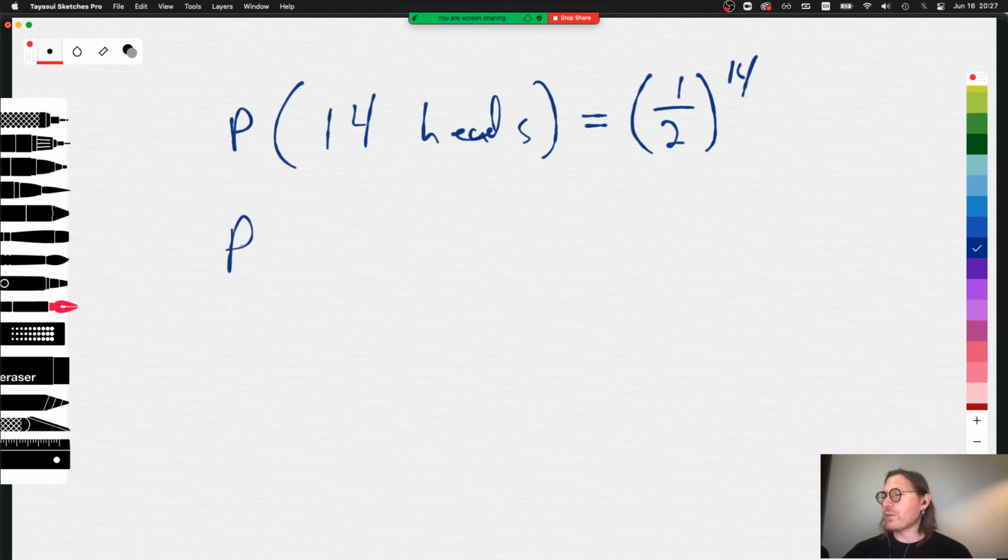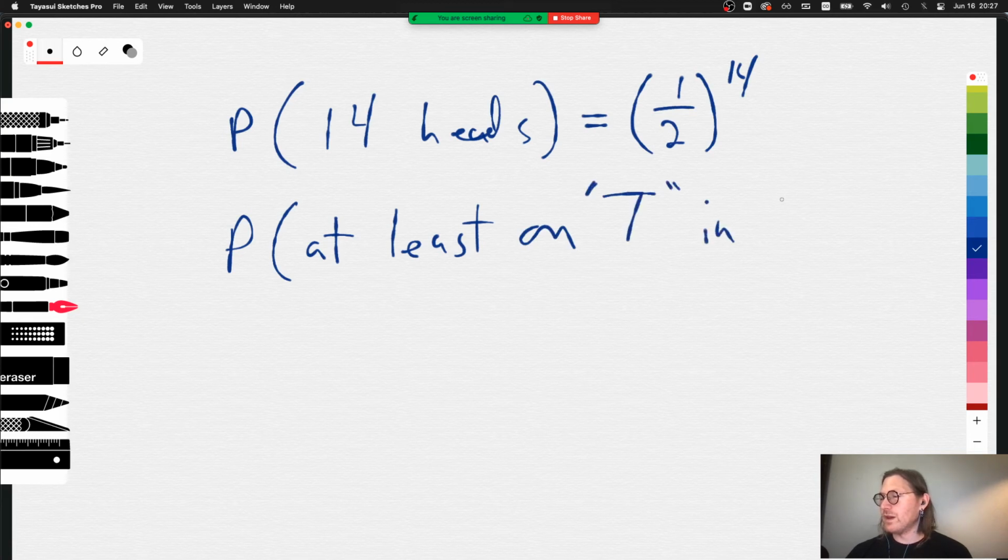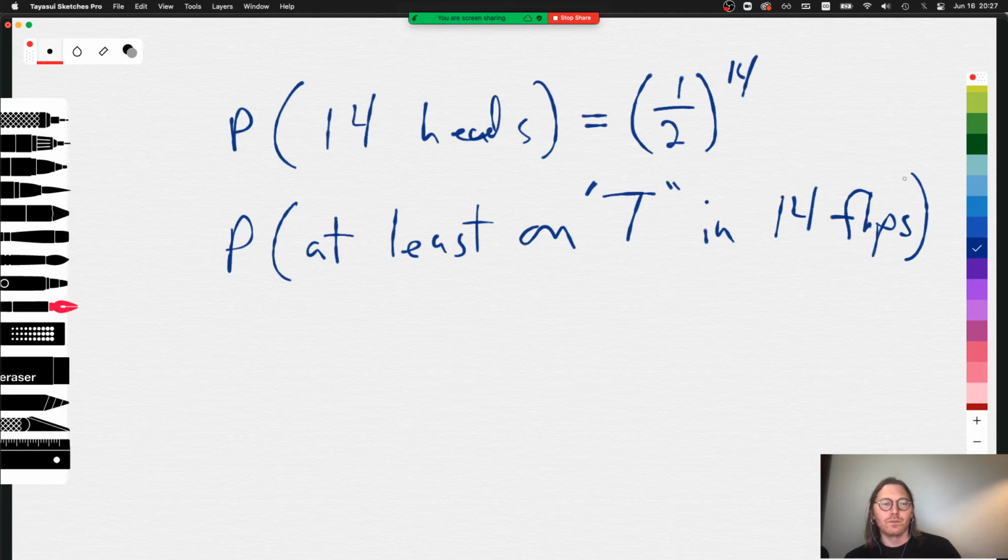What about the probability of at least 1 tails in 14 flips? This problem can be directly extrapolated from the probability of 14 heads. What is the probability of getting at least one tails?